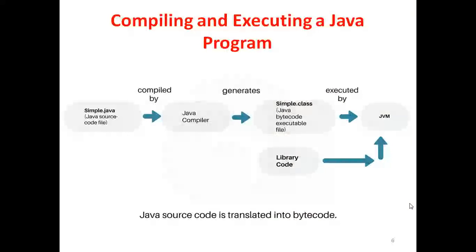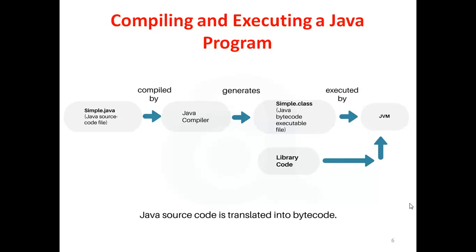Now we'll see how to compile and execute a Java program. Initially, we write a Java program. For example, if we give the name of that program as simple.java, for compilation we use the Java compiler. When we compile a Java program, we write in the editor javac simple.java.